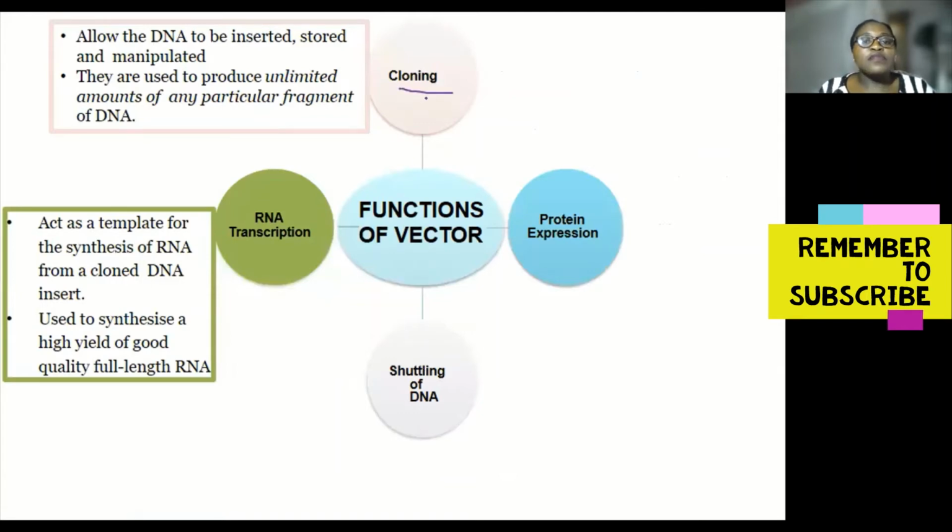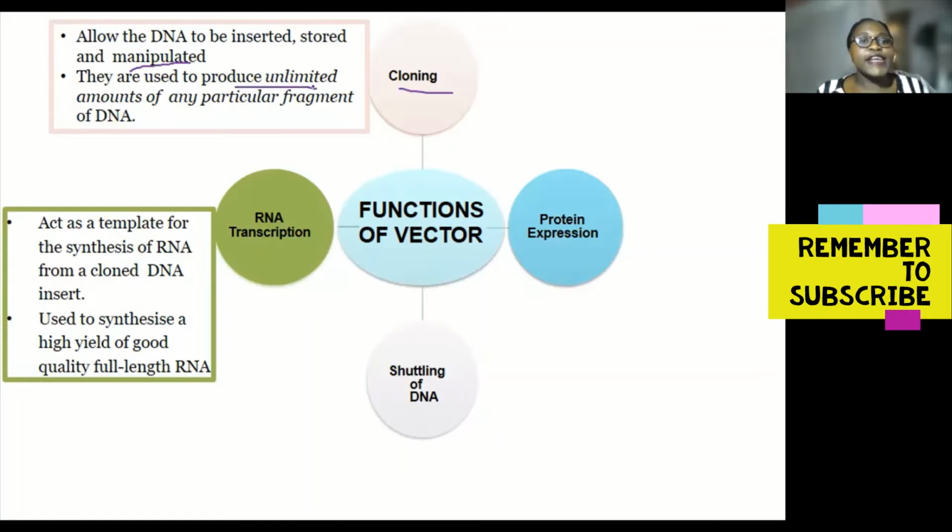Cloning comes from the word clone, and clone means making unlimited copies of something. So in this case, we have inserted our DNA, we have stored it, and it can be manipulated in the vector. So the vector is going to help us produce unlimited amounts of that particular fragment, as many copies as possible of that particular fragment of interest.